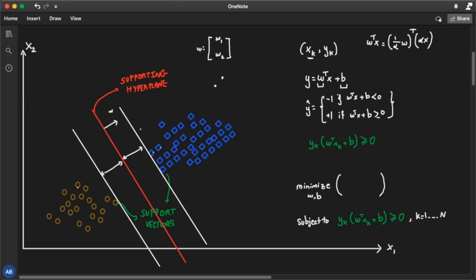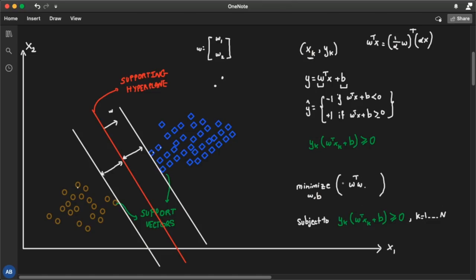So we're increasing the margin. Thus, the constraint here is to minimize the magnitude of w. That is, we're interested in minimizing w transpose w, okay?